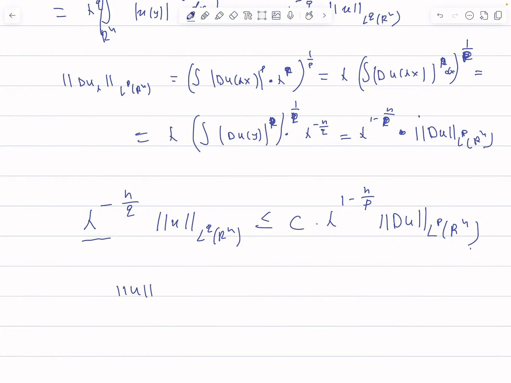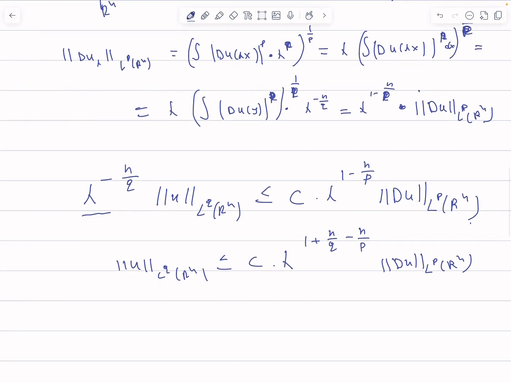We get the norm of u in L^q less or equal to C times lambda^(1 + n/q - n/p) times the norm of Du in L^p(R^n). So now in this inequality, on this side and that side, we don't have dependence on lambda.